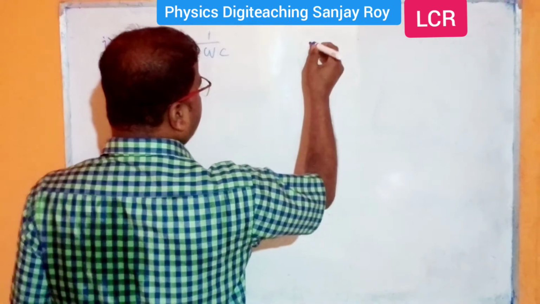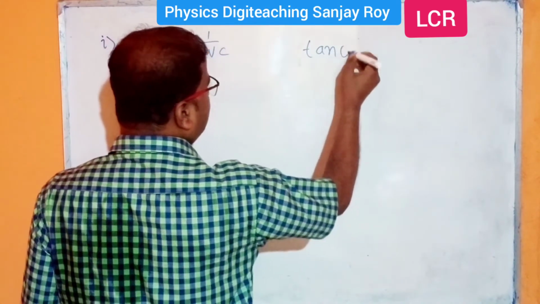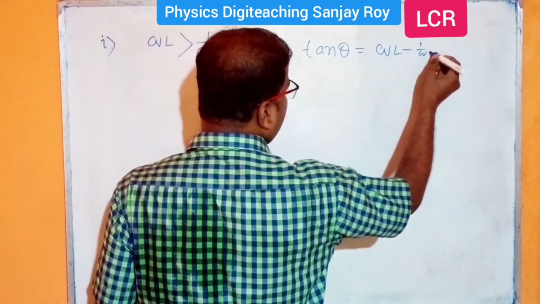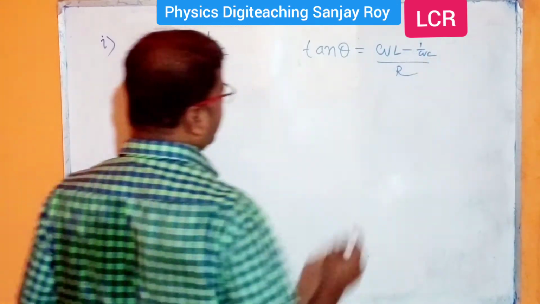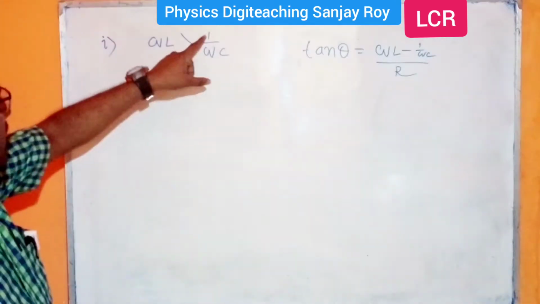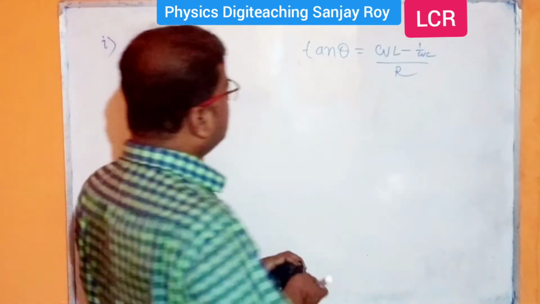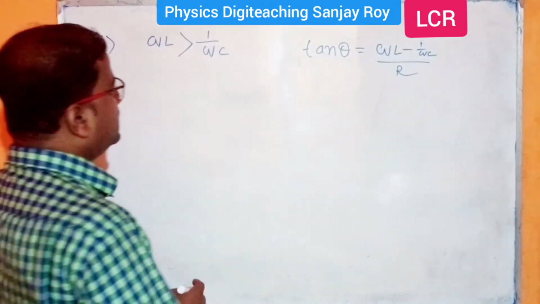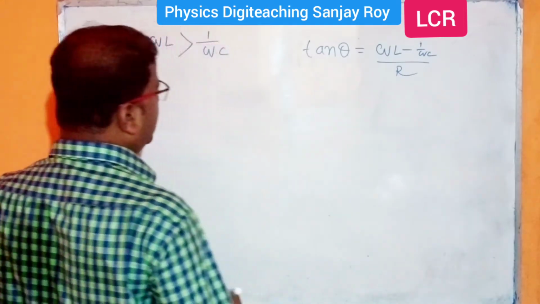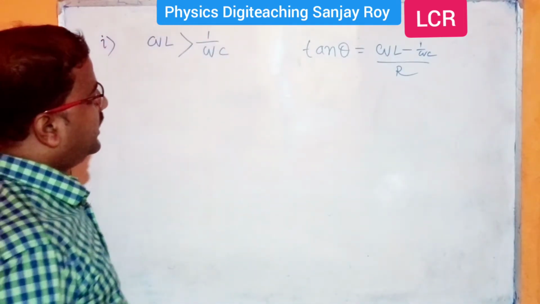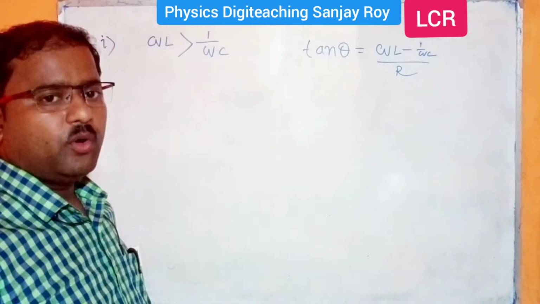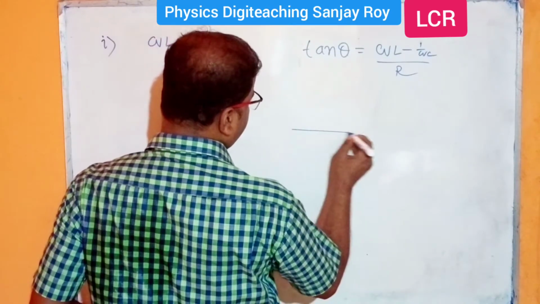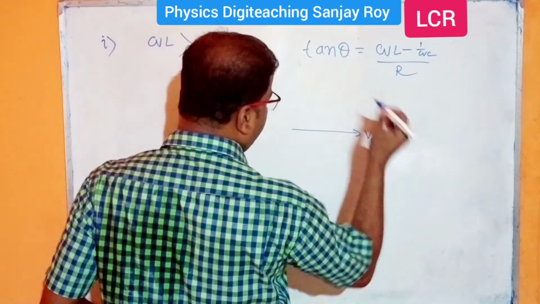We see that tan theta equal to omega L minus 1 by omega C by R. If omega L greater than 1 by omega C, then we get theta positive. Theta positive means the current lags the voltage, and we draw the phasor diagram. This is VR.